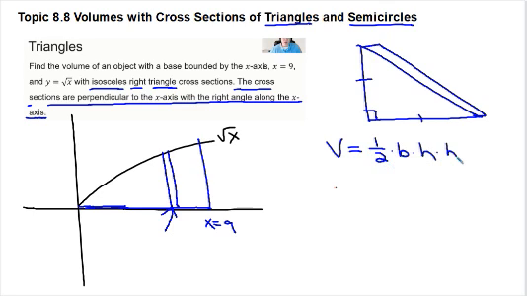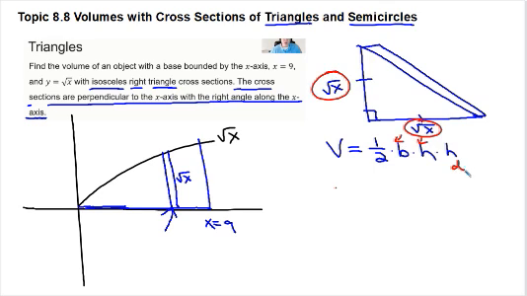All right? So what is my base and my height? Well, my base and my height both come from these function values. So this is going to be the square root of x, and this is going to be the square root of x, since it's isosceles. So both of those go in here and here.